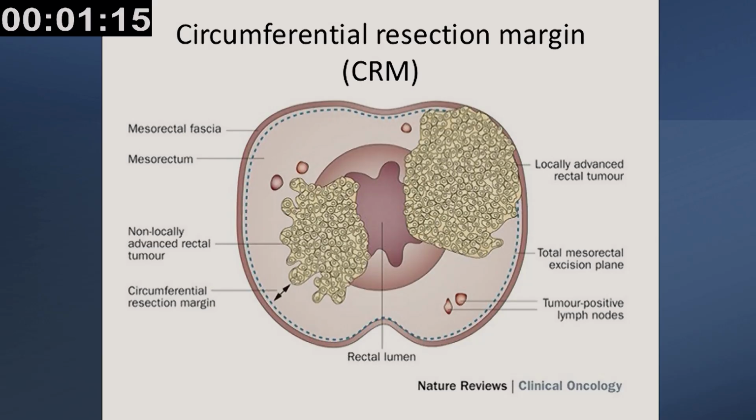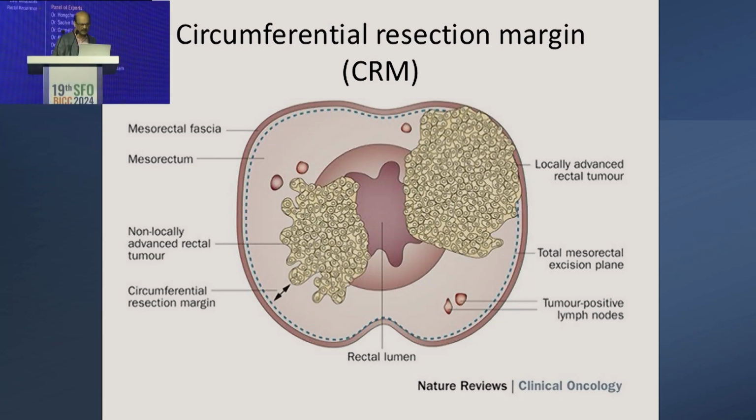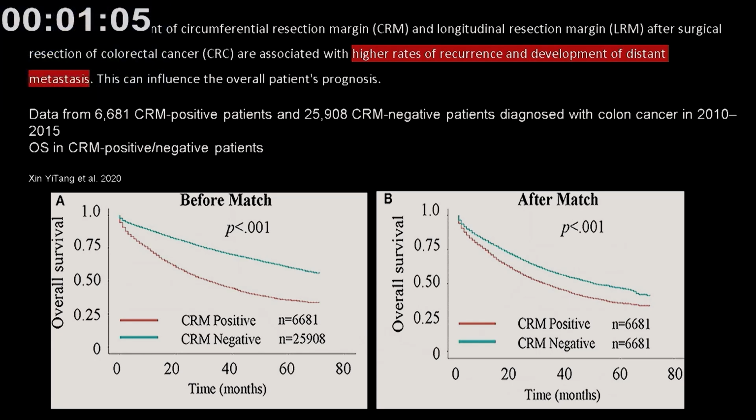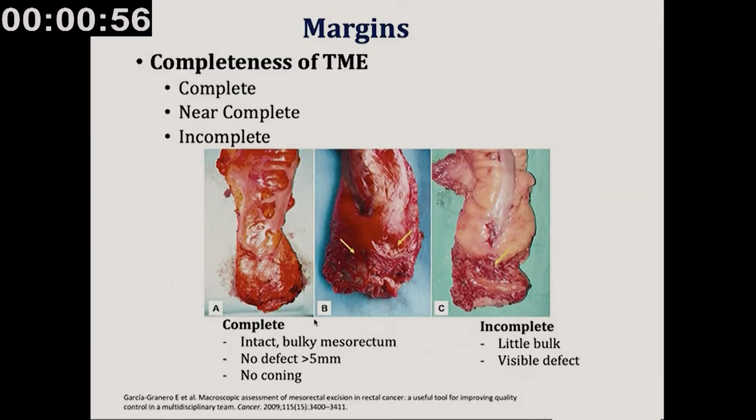Next, margin. We all know the circumferential resection margin and its problems. If the circumferential resection margin is positive, then the prognosis is bad.